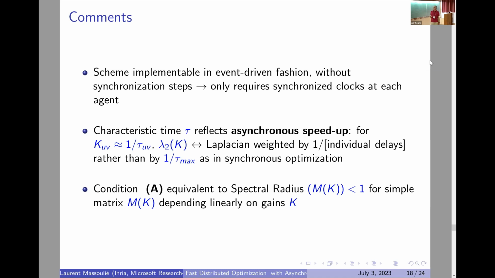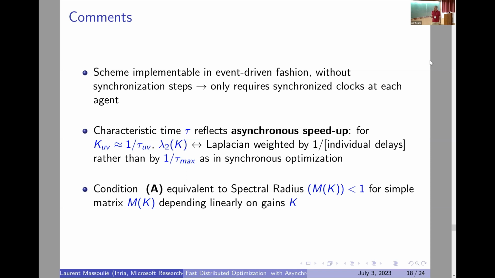And instead of having a time constant that is like a max of tau UV times the spectral characteristic of the Laplacian, we instead have a spectral characteristic of a Laplacian weighted by the individual delays, and this can be much more advantageous. And this is what we call the asynchronous speedup.